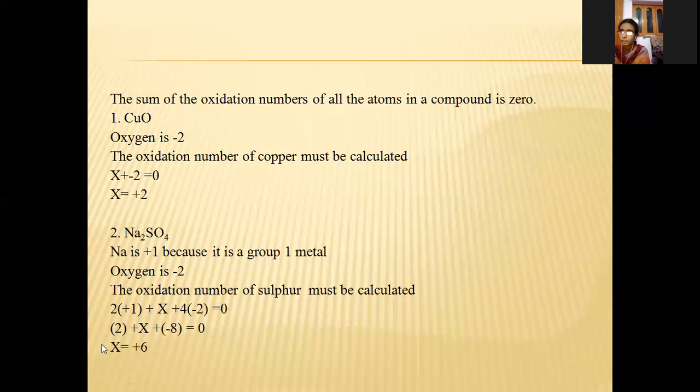So 2 plus X, 4 twos are 8, is equal to 0. Minus 8 plus 2 is 6, so we get minus 6. If minus 6 is shifted to the other side, it becomes positive 6. So the oxidation number of sulfur is plus 6.